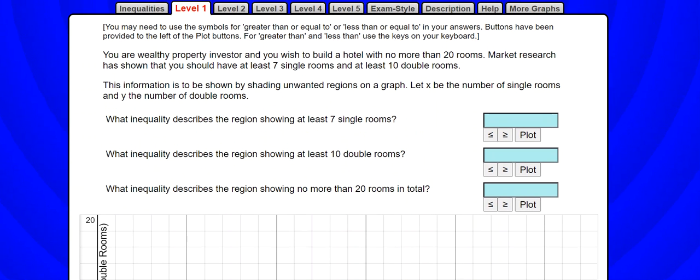Well, you've got to read the question and decide whether x is the single rooms or the double rooms. And you've got to write the equation, but also as an inequality. So you'll see, for instance, there must be 20 rooms in total. So if x is your single rooms and y is your double rooms, what would you write for this one?